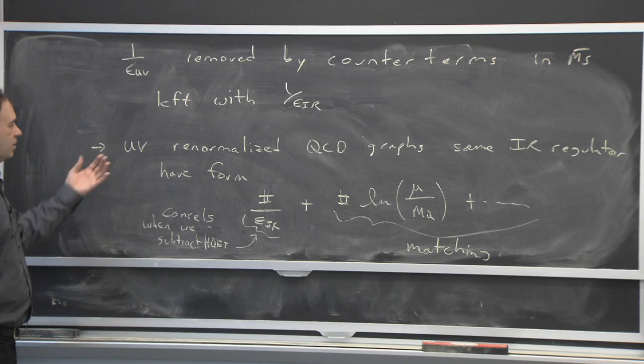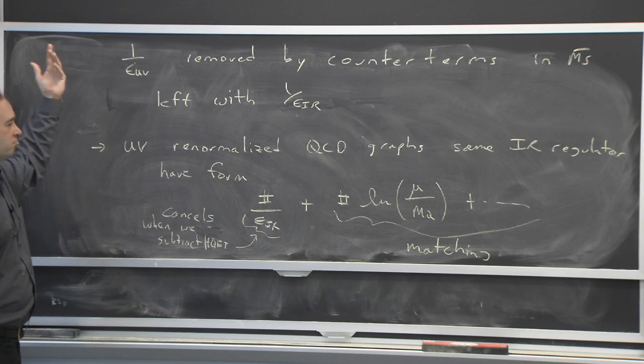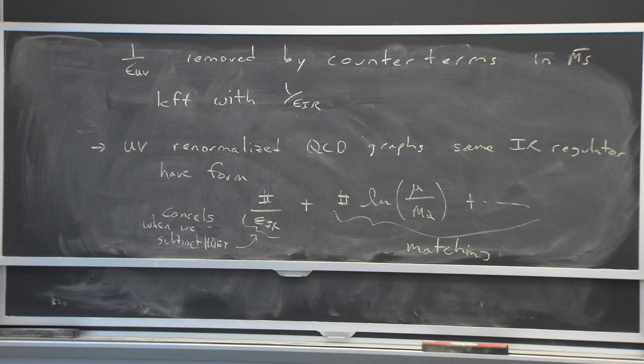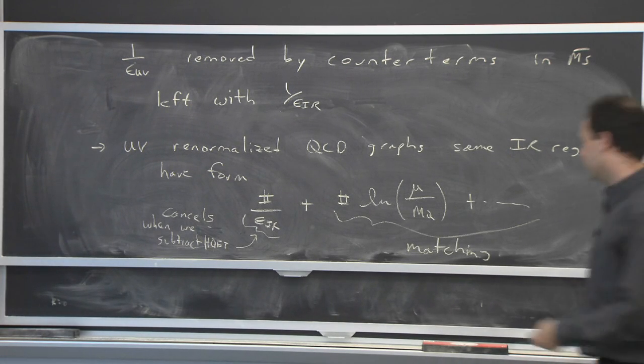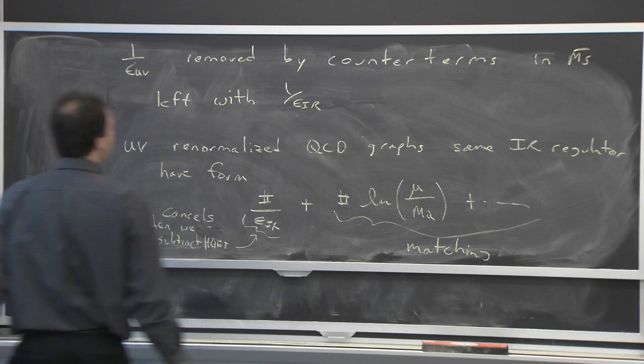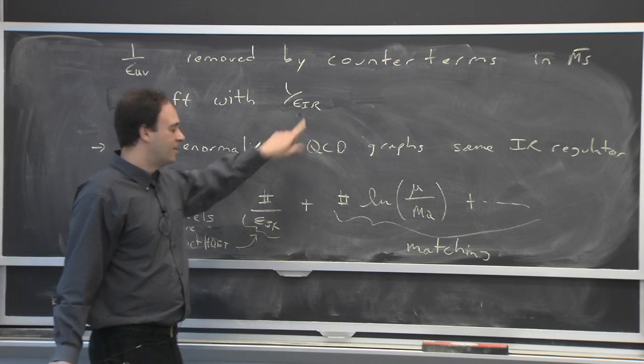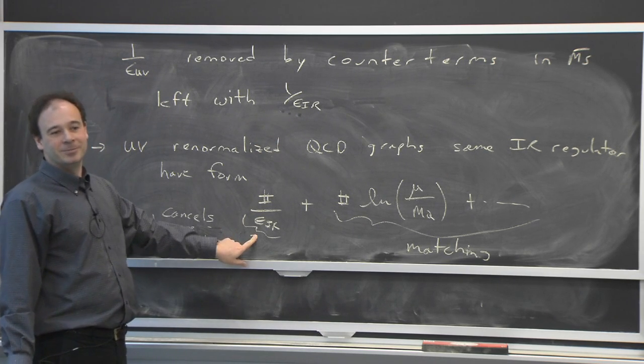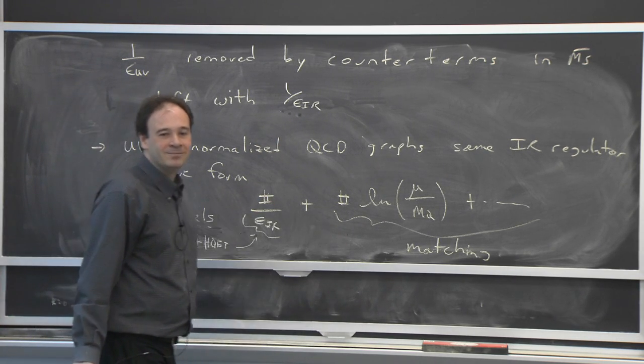I just say, let me imagine that I calculate them. They're all scaleless. They look like that. Let me imagine that I renormalize them. All the 1 over epsilon UVs are gone. I'm left with 1 over epsilon IRs. I do this calculation. I say, let me imagine that these cancel each other. And then I have the matching.